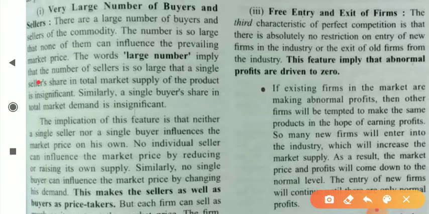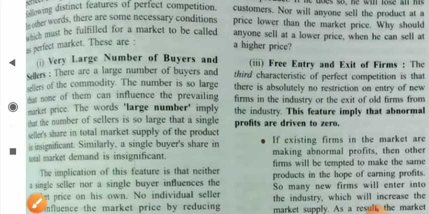No consumer will entertain the shopkeeper. They will not buy that toothpaste, they will switch to another toothpaste available in the market. So that's why the producer may not charge according to his own wish. So this is the large number of buyers and sellers.